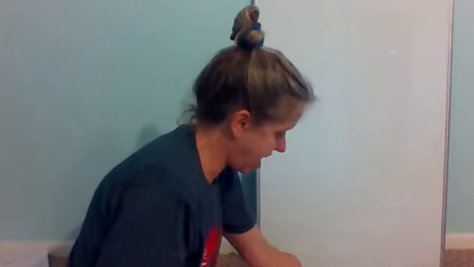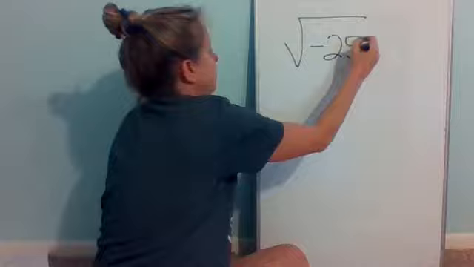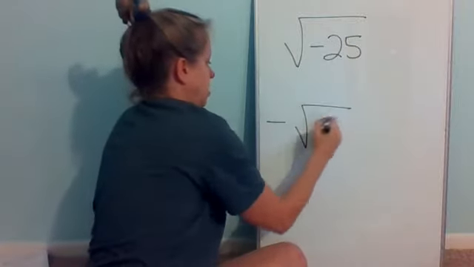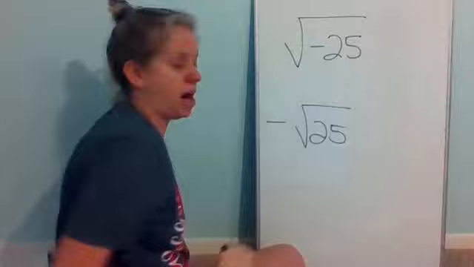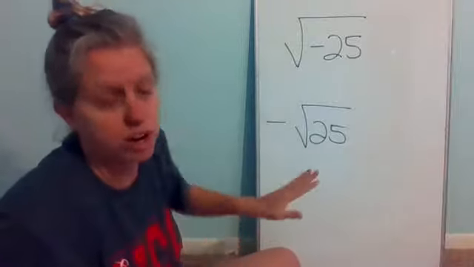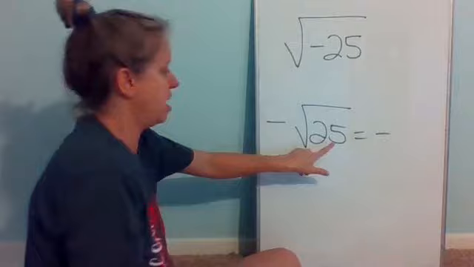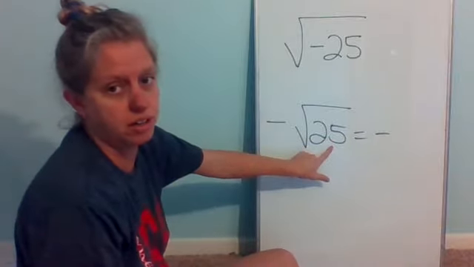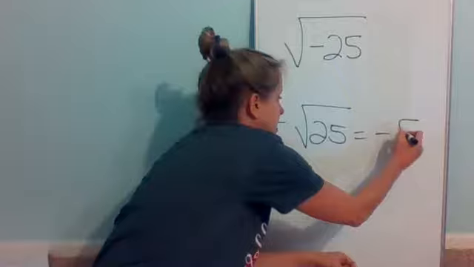Let's see, I have square root of negative 25. Let's look at the difference between these two things. All right, this is the problem. I'm just going to show you the difference about where those negatives are. We've done a problem like this. A negative on the outside does not affect what's going on in here. So the negative of the square root of 25 would just be negative 5.